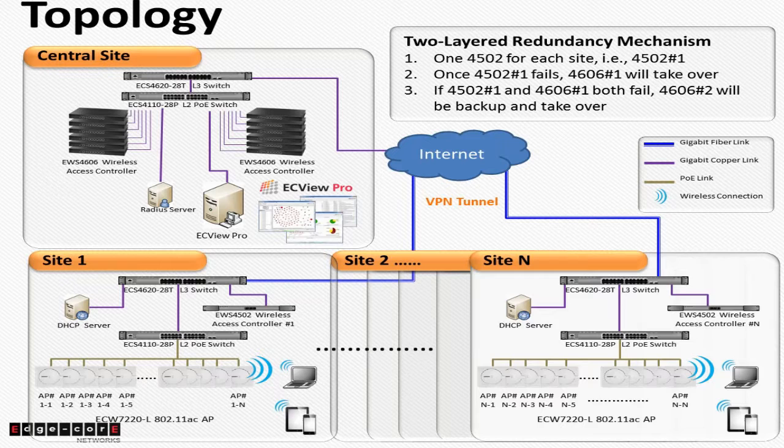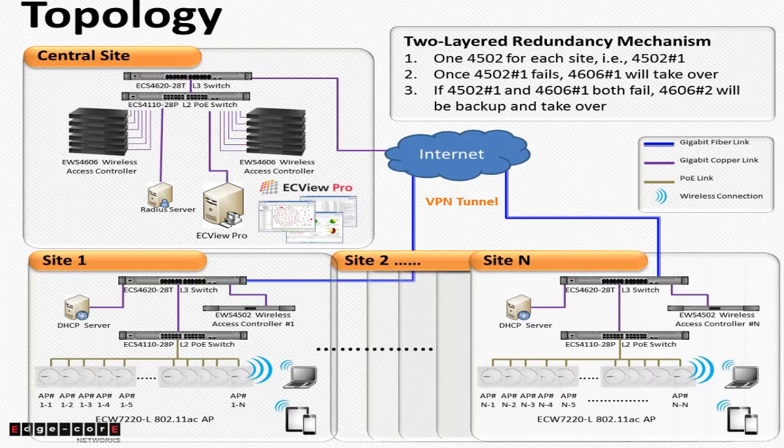So they asked, and we provide a two-layer redundancy mechanism. For example, if one of the schools' controllers fails, then the data and the management will be transferred to any one of the central-side big controllers. If unfortunately this big controller also fails, it will be redundant to the next big controller.